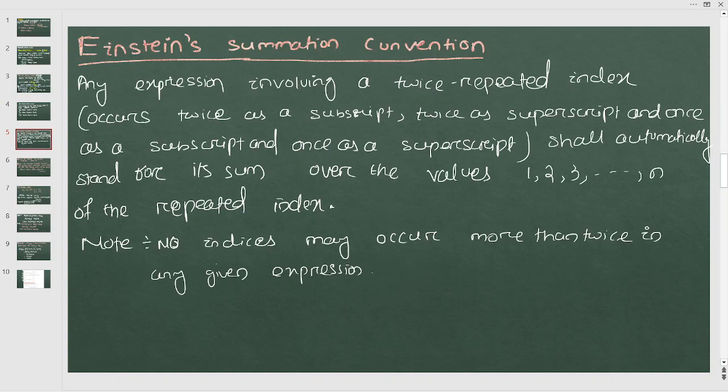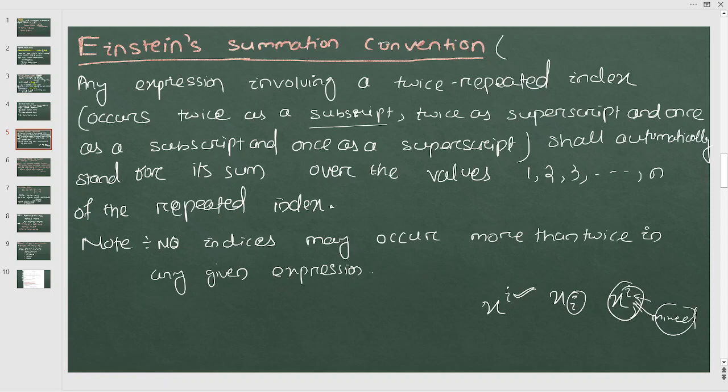Next, we have the Einstein summation convention, a very important, groundbreaking thing. As I have told you earlier, any expression involving a twice repeated index, whether a subscript like xi, a superscript xi, or if I write x with both, which is called mixed, being neither purely subscript nor superscript but a combination of both.